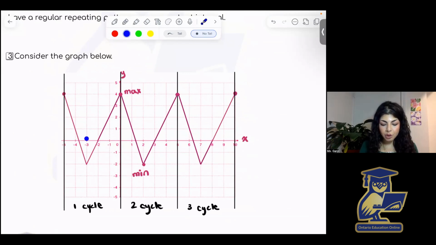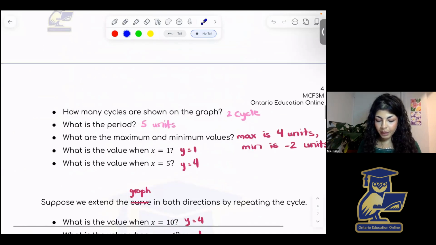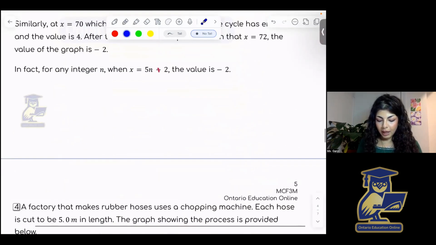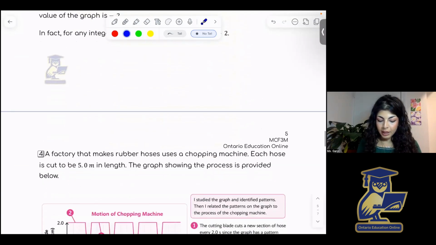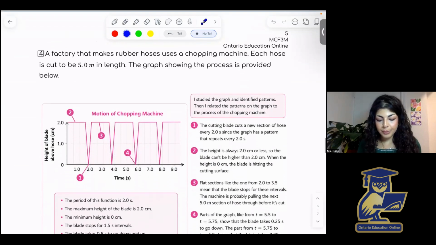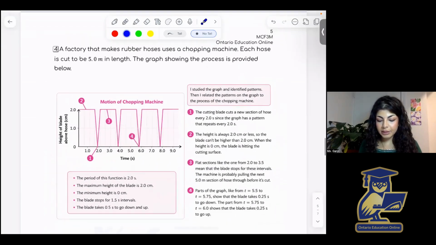Then if you add 2 to them, you will end up at this trough here, which has a value of -2. And that's exactly how we extend periodic graphs to be able to extrapolate future values or values that are not shown on our graphs. Now, another application problem, and this is our last example for this lesson.